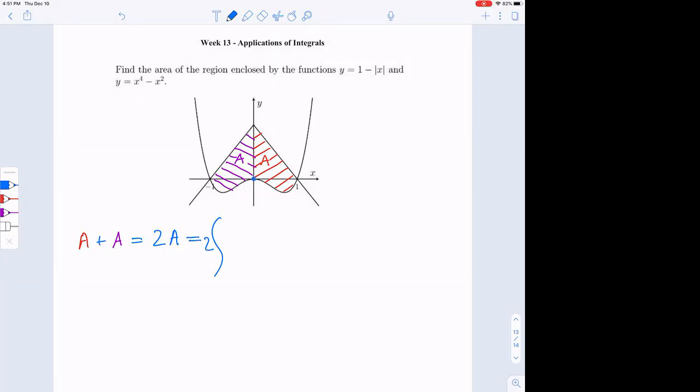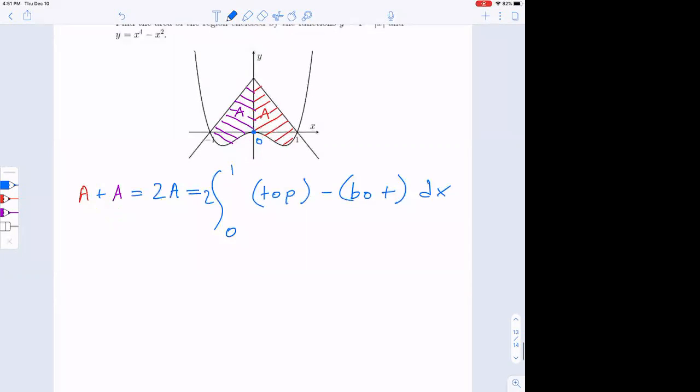And this point here, of course, is 0. We want to calculate the area from 0 to 1. You could use -1 to 0, but I prefer to work with positive numbers, so let's do that. And then we're going to do the top minus the bottom curve.